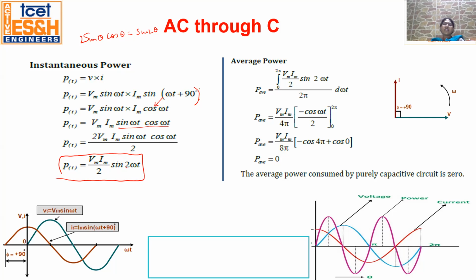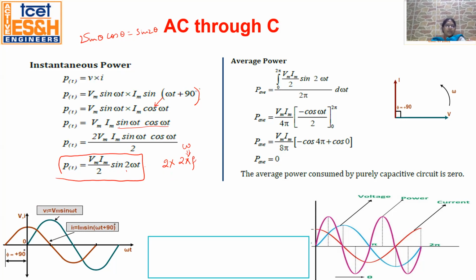So again we have the equation Vm Im divided by 2 sin 2 omega t. Here again we see that the power component has a frequency just double the supply voltage and current frequency. So here omega is 2 pi f, so it is 2 omega t. It means just double.